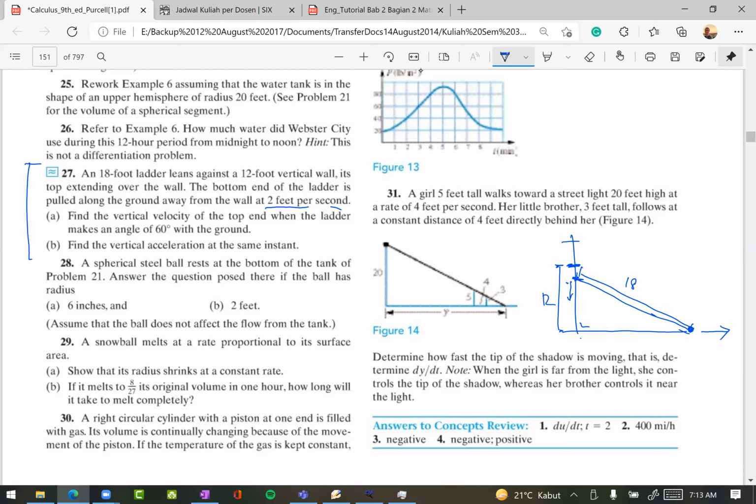Find the vertical velocity of the top end when the ladder makes an angle of 60 degrees with the ground. So compute this vertical drop.